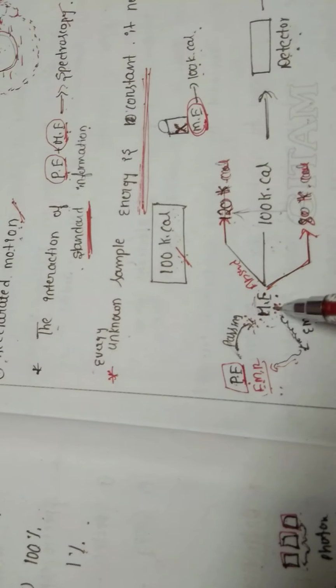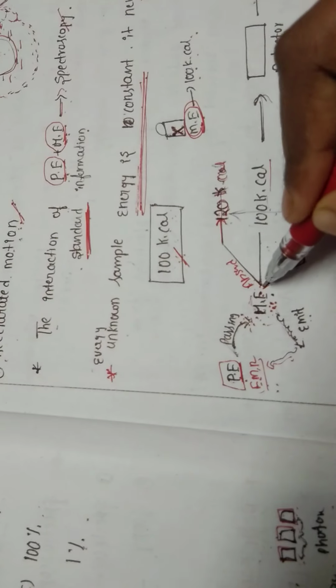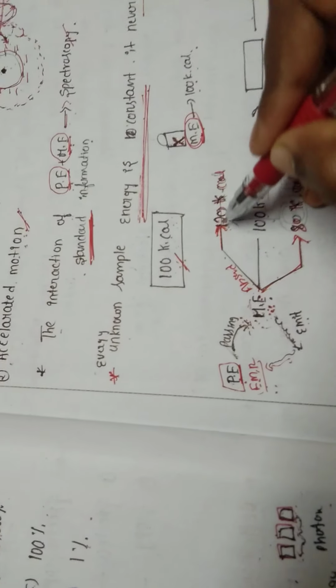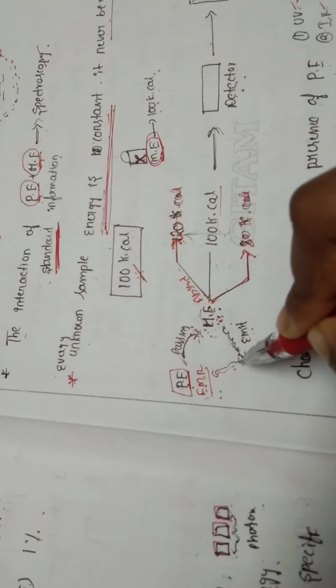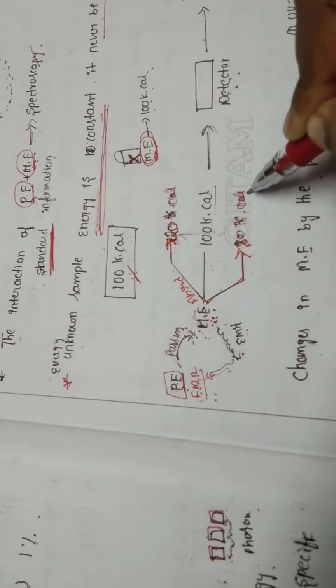If no energy is passed, the energy will be constant. If I pass energy, it absorbs some energy and the energy level is raised, say to 120 kilocalories. After some time it emits or loses some amount of energy as a photon, say down to 80 kilocalories.